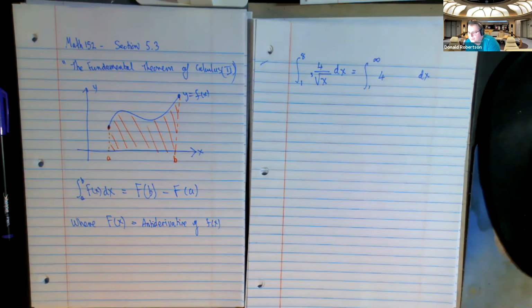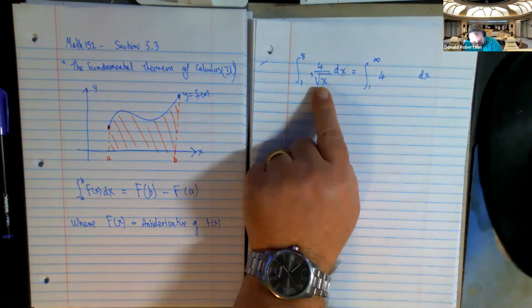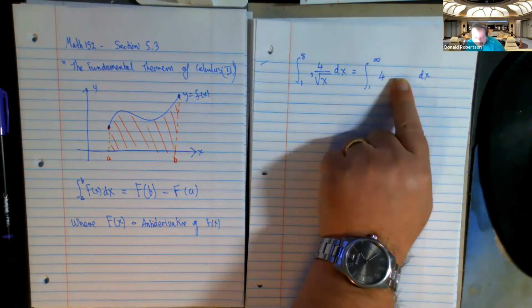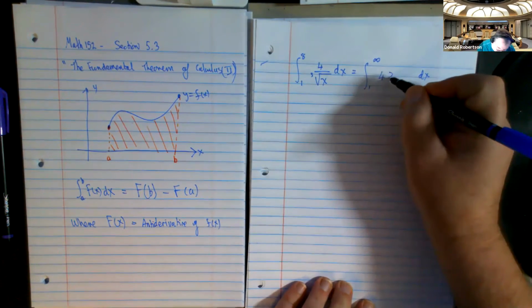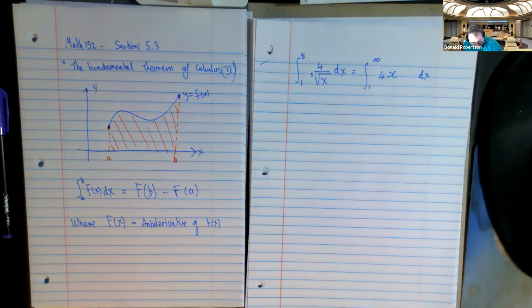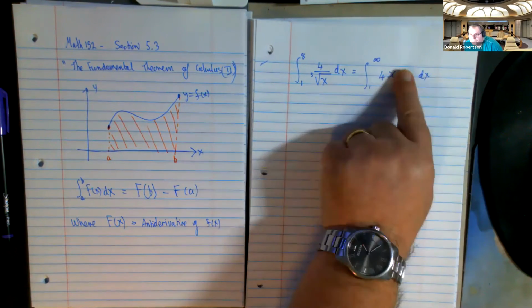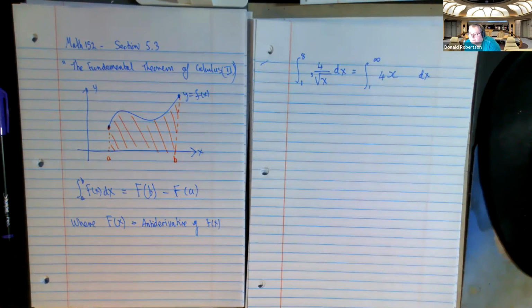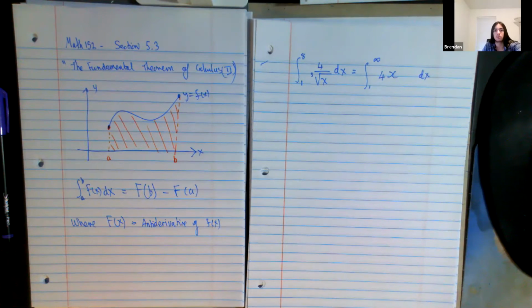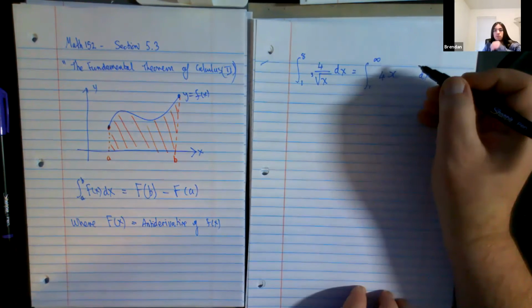I need a fractional power of x, don't I? So I need some conversions. What does this become as a fractional power of x? X to the 1/3? Negative 1/3?